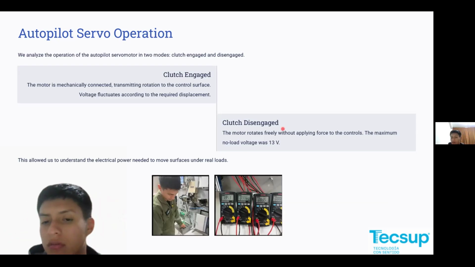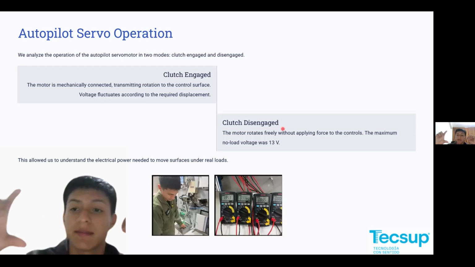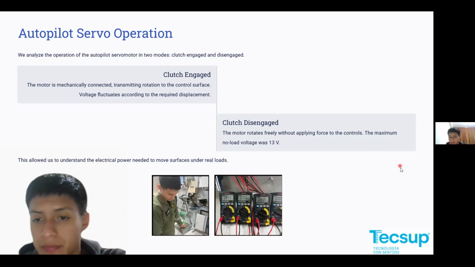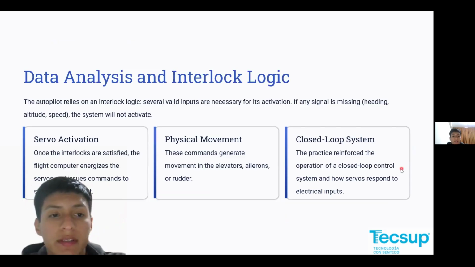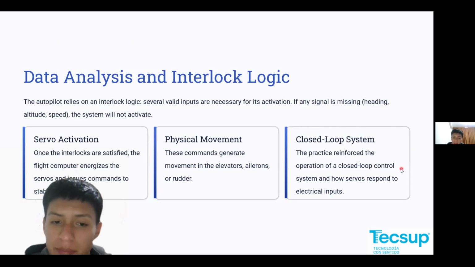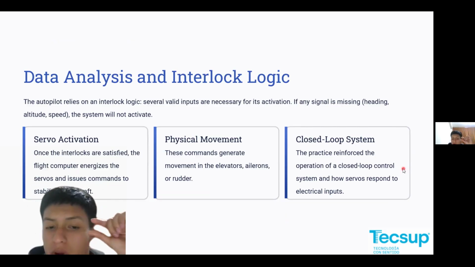It is true or no. No, the voltage is the same always. The data analysis is simple. Technically, this illustrates the relationships between applied torque and current draw. The servo needs more electrical power when it must overcome aerodynamic or mechanical resistance.